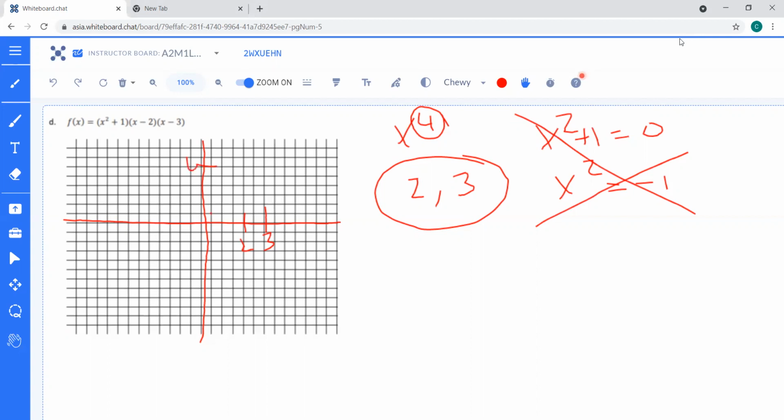We haven't talked about this yet. But if I do that, I know that it's going to come down through here somewhat, and it's going to hit and then come back straight up through there. That would be your graph for this one.